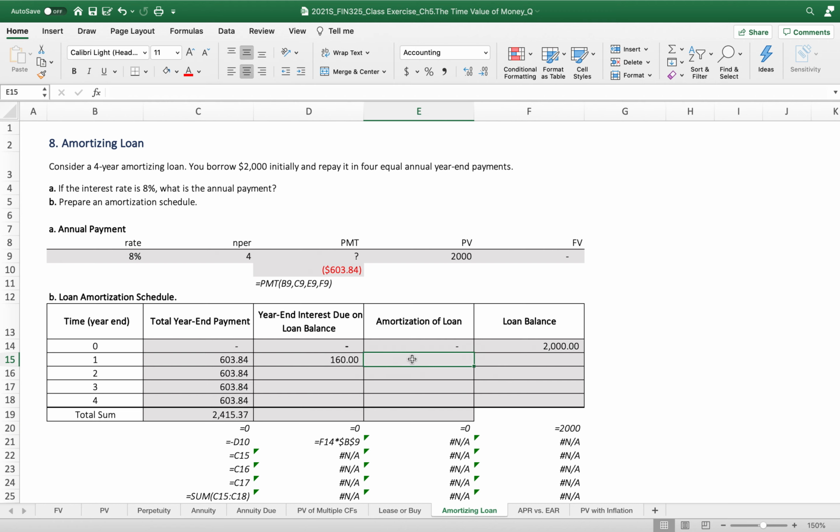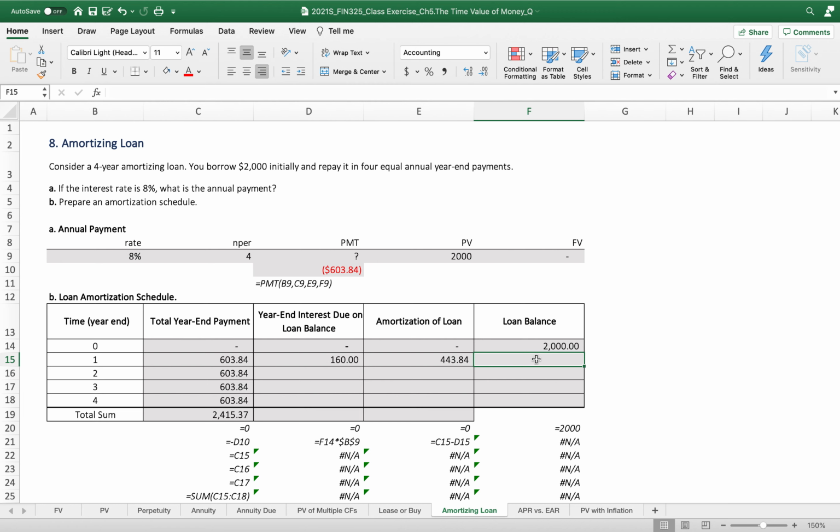Then the actual amortization of the loan is 603, the year-end payment, minus interest. So this 603 is comprised of this 160 interest, because the 2,000 was the loan balance at the beginning, and the borrower has been using this money for 1 year. The interest on this 2,000 is 8%, so 160 is the interest expense part. And then the amortization of the loan out of this 603 is 443.